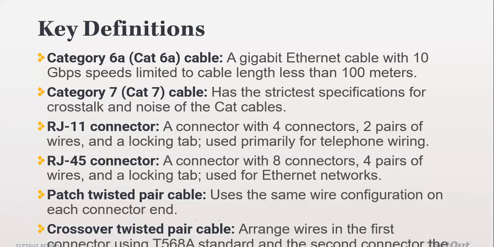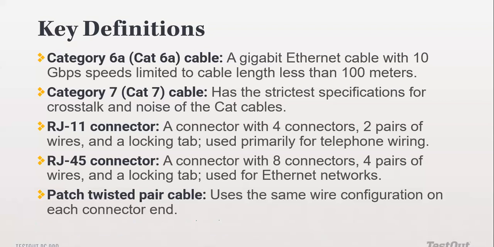For example, if you want to connect a laptop to another laptop using an Ethernet cable for data transfer, you have to use the crossover arrangement. But if you need to connect a laptop to a router, or a laptop to another kind of device, what you are supposed to use is a patch twisted pair cable.